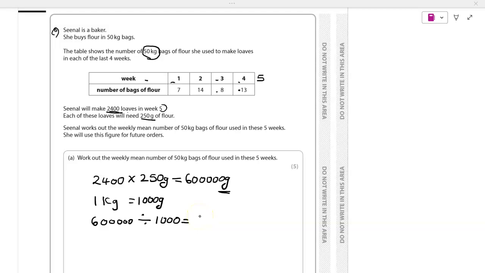You can put it in your calculator, or you can cross out the thousands, 1, 2, 3, 1, 2, 3, and you have 600. And this is in kilograms. To know how many bags of flour were used in week 5, we divide 600 kg by 50 kg. This will give us 12 bags. So week 5 has 12 bags.